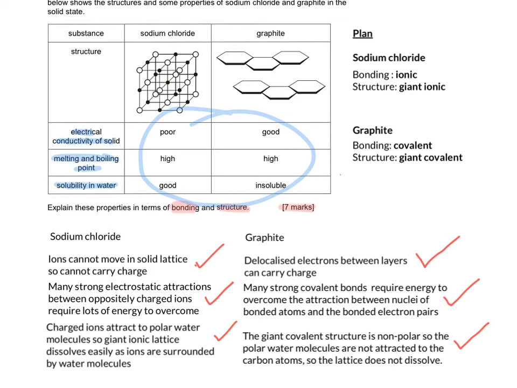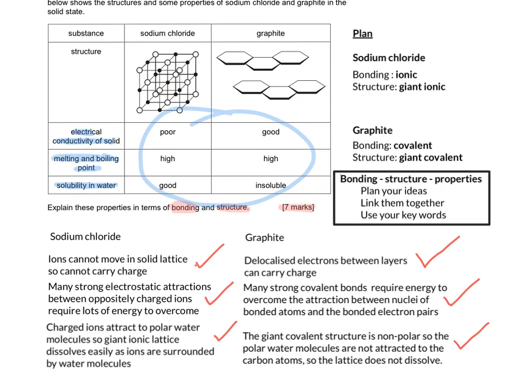The final mark, the seventh mark, comes from how you organise your ideas and put them together. So start with bonding, then structure, then properties, plan your ideas, link them together, use your keywords. If you follow that, you should be able to pick up the marks reasonably easily.